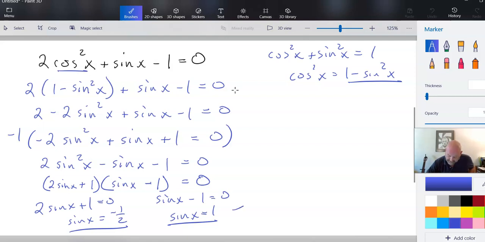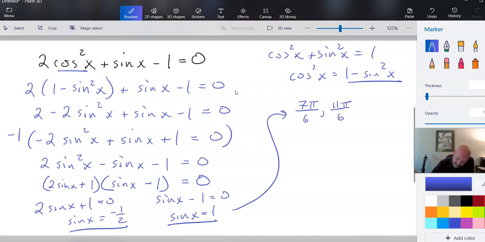Okay, so each of these gave us solutions. For sine x equals negative 1/2, we had 7 pi over 6 and 11 pi over 6. And then for sine x equals 1, we had pi over 2. Right? And so those are the same answers we got in that first problem.